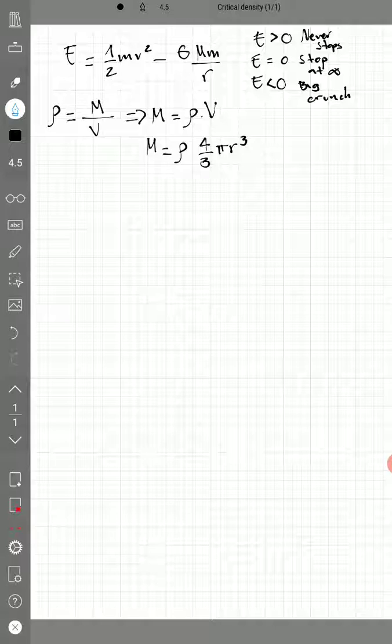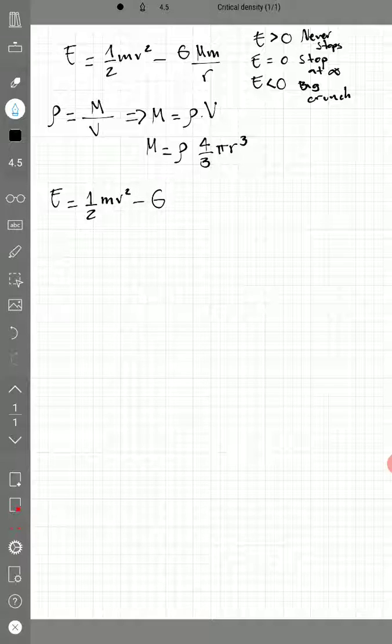And what is going to happen is that the mass is going to be something like this. So let me put it like this: E will be equal to 1/2 mv squared, and then minus G, and then the mass, which is big M, rho 4/3 pi r cubed.